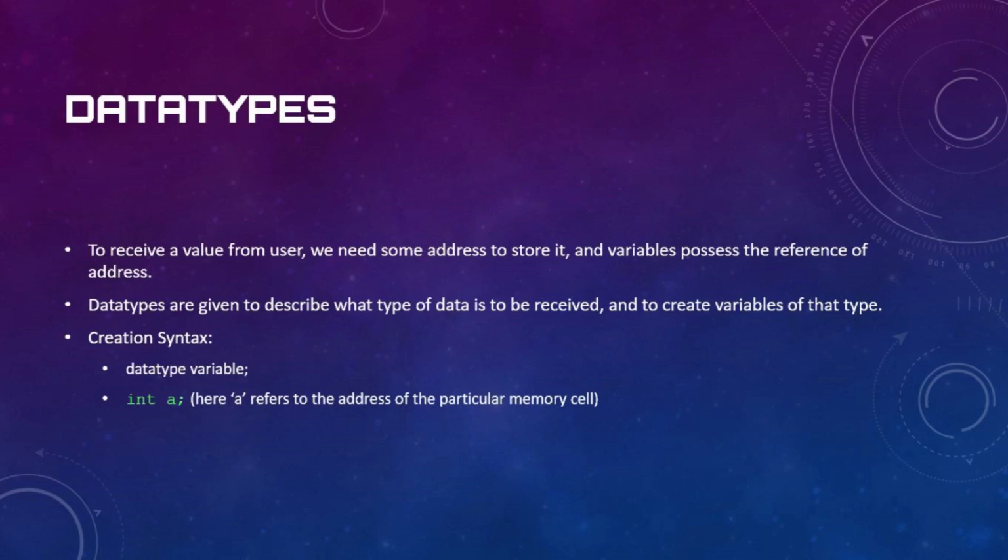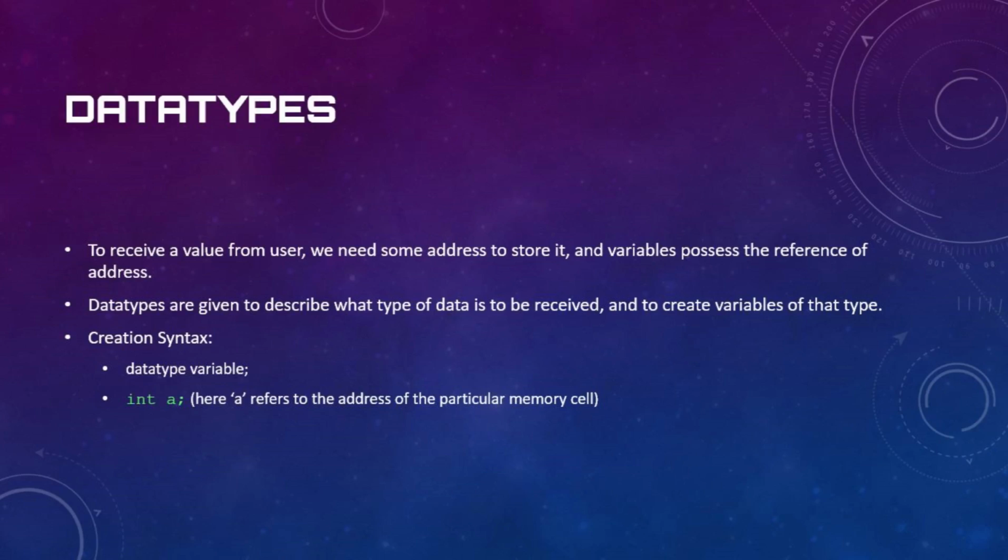So here, as I told you, we are going to fix a certain memory for the value to be stored. What A does over here is it refers to a particular memory cell or memory location in the RAM so that the value can be stored there and used in the future.